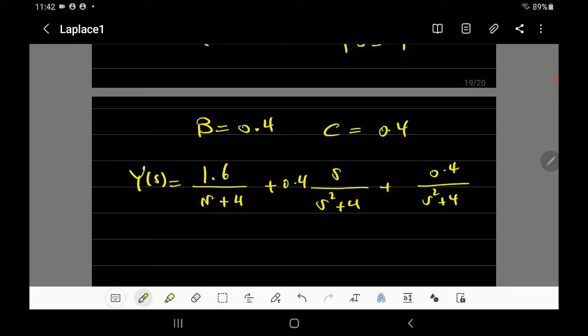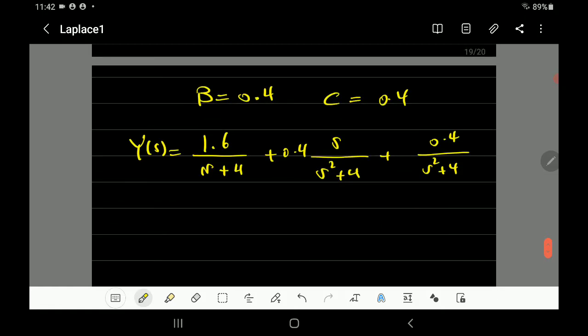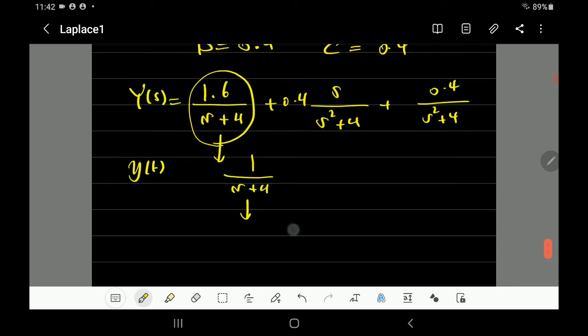All right, we know that it's easy to find the inverse. If you want to find y of t, that's easy, because 1 over s plus 4 has inverse e to the minus 4t u(t), and you have the constant 1.6 here.